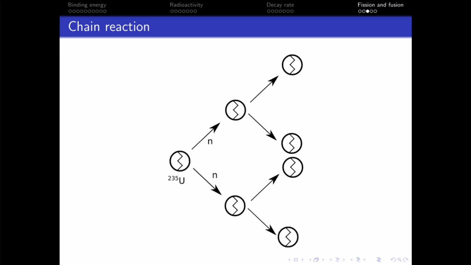And if you let it go on its own, in a very, very small amount of time, you break an immensely large amount of nuclei. And through the total of each of these small reactions, you release an enormous amount of energy. You have just created an atomic bomb.